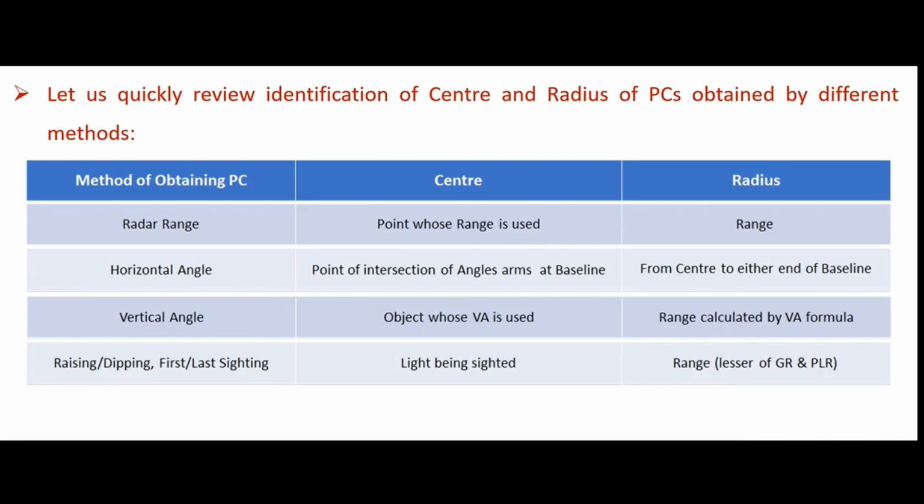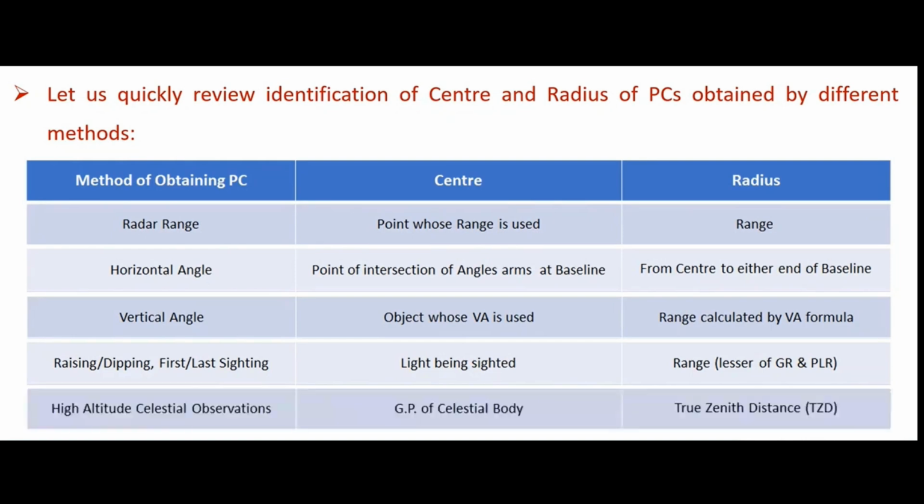Rising, dipping, first sighting, last sighting of the lights: the center is the light being sighted. And the sighting range, which is the lesser of the geographical range and the luminous range, constitutes the radius.